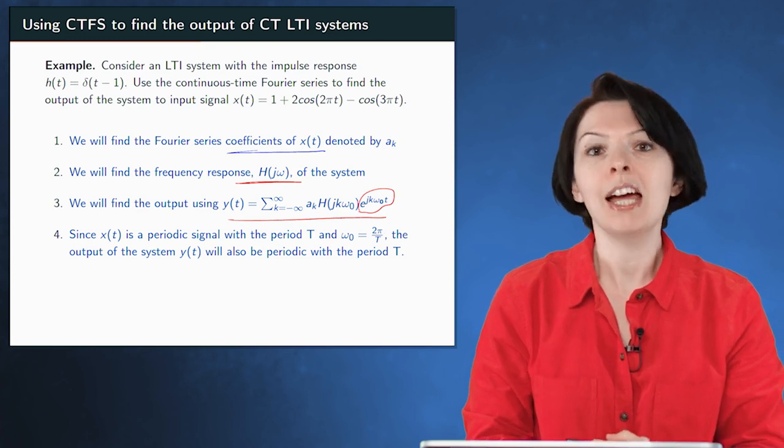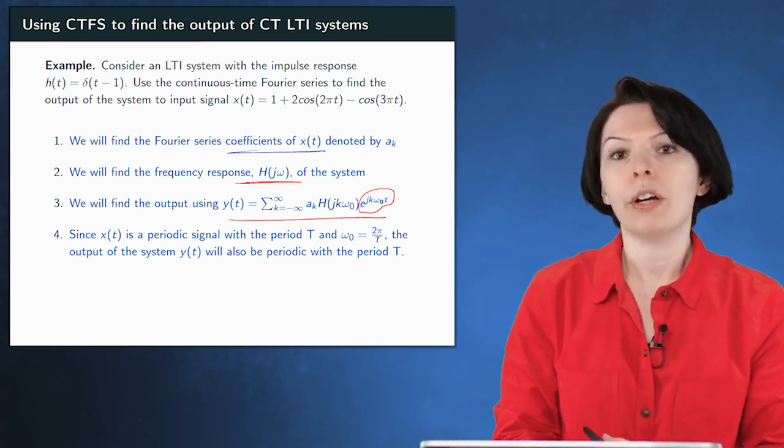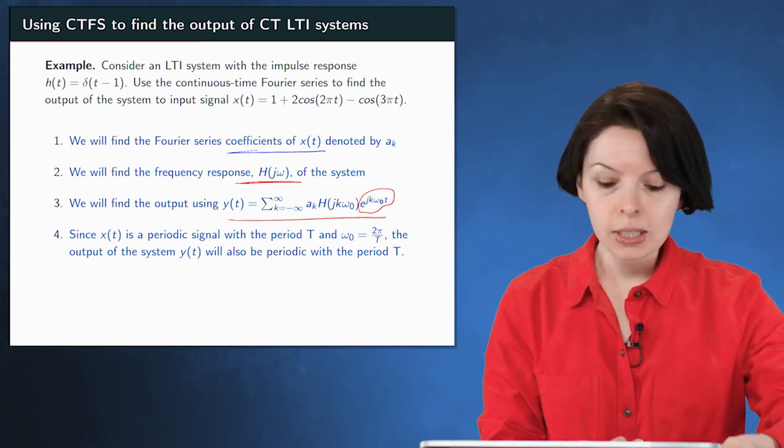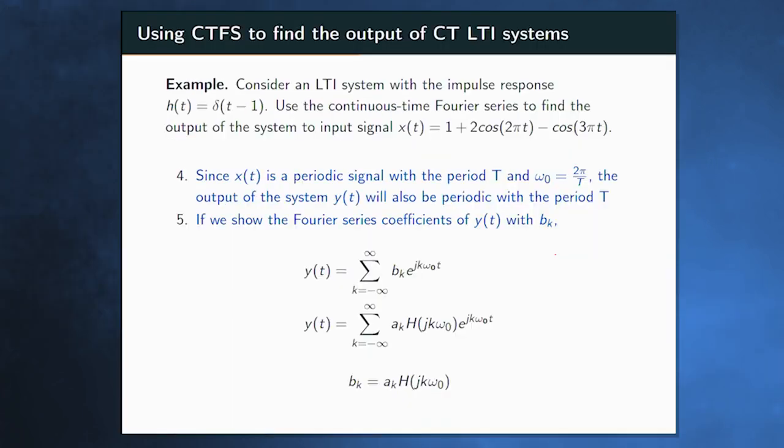Step 4, since x of t is a periodic signal with period T and fundamental frequency 2 pi over T, the output of the system, y of t, is also going to be periodic with period T. With that, now that I know y of t is periodic with period T, I can use the Fourier series representation or synthesis equation to express y of t as a combination of its frequency components.